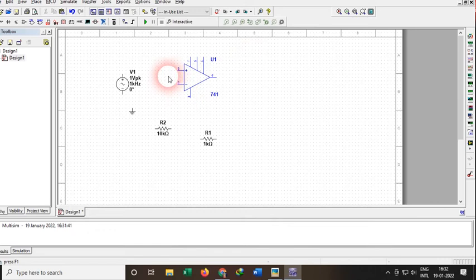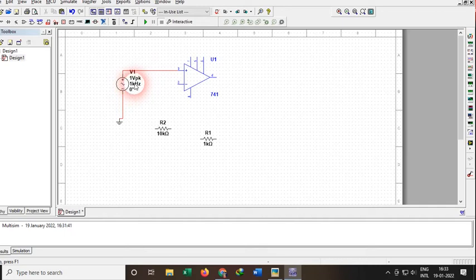So firstly we will connect our pin number 3 to the voltage source. I've connected it here. Now I will connect the other part of this input power source to the ground.